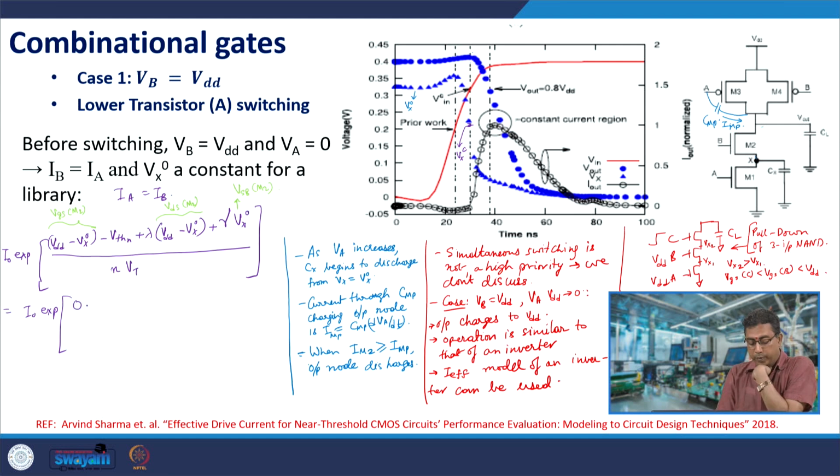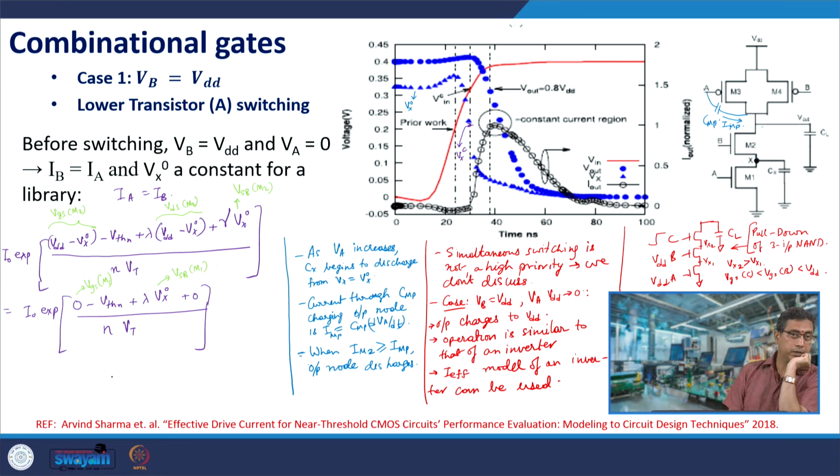VG is 0 minus source voltage is again 0, which is 0 minus threshold voltage VTHN plus DIBL factor lambda Vx naught, body factor, which is again 0. So, let us again label. This is VGS of M1, source to body of M1. Okay. So, what does this give us?